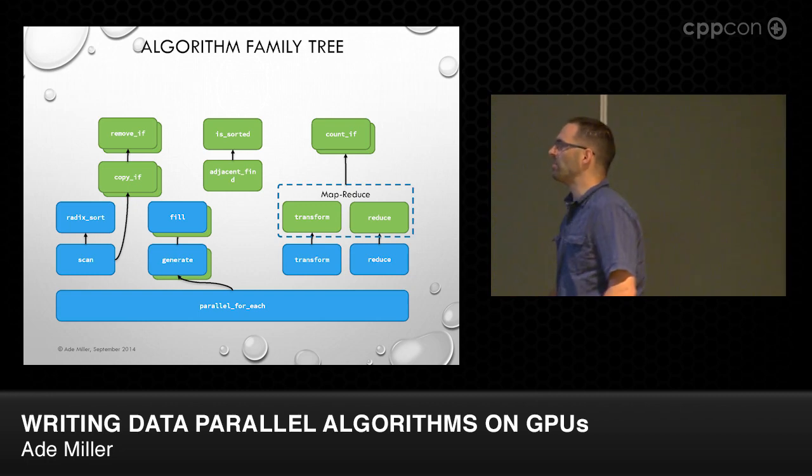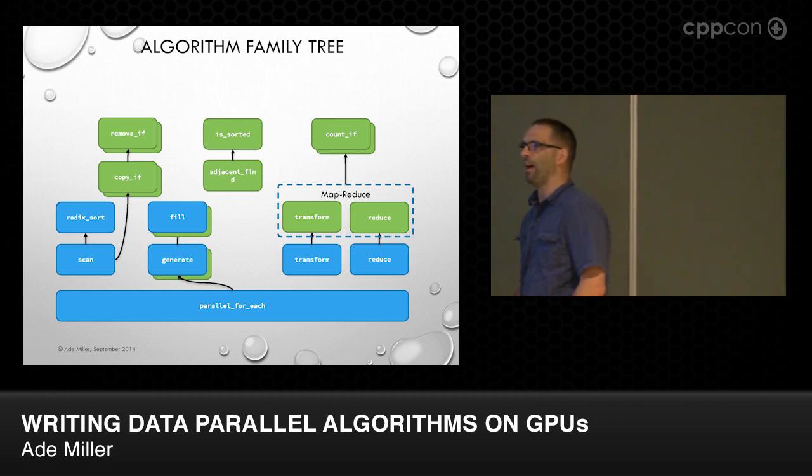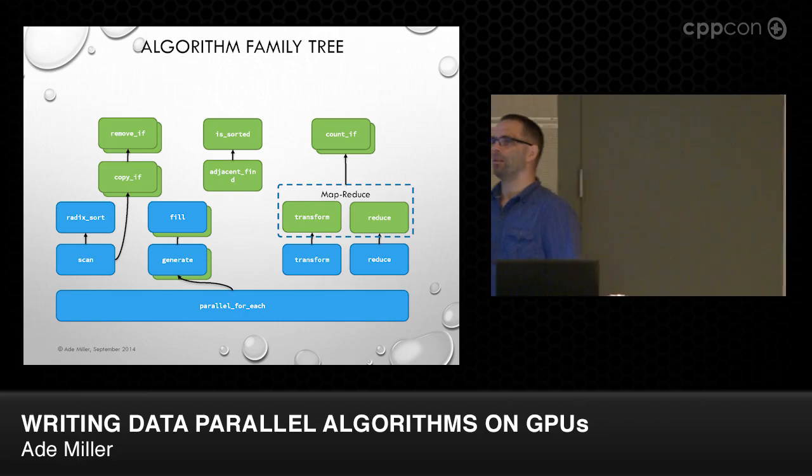It turns out these are building blocks that you have to build if you want to build a library, and they also encompass a lot of the techniques that you're going to need if you want to write your own more general algorithms. Some of the ones I'm not going to cover, for instance, are generate and fill, which are essentially rather like transform in that they do essentially one-to-one mappings.